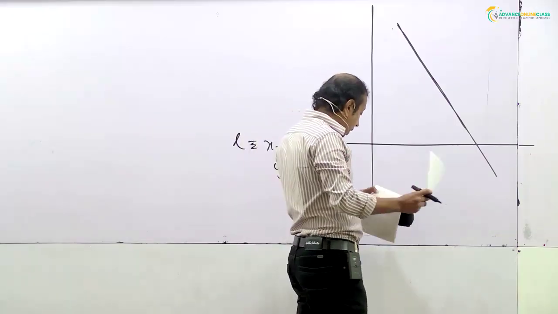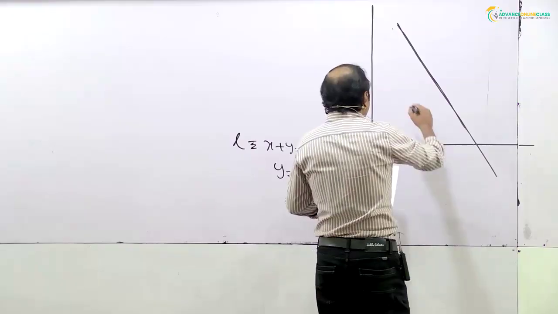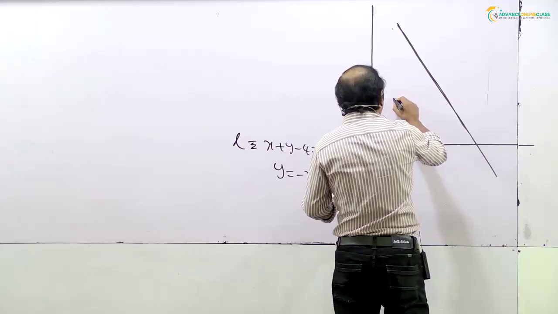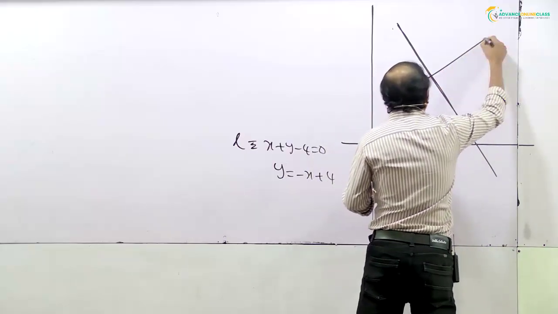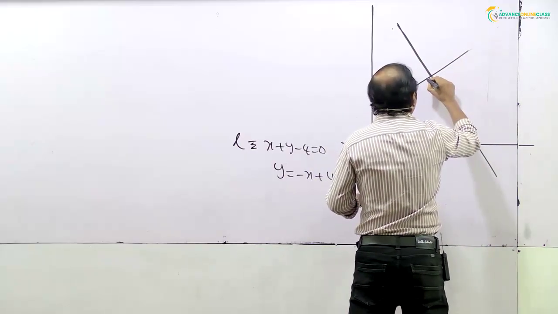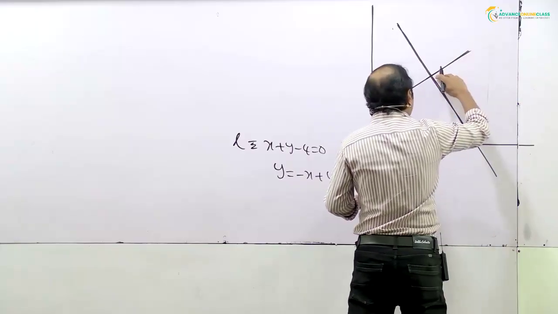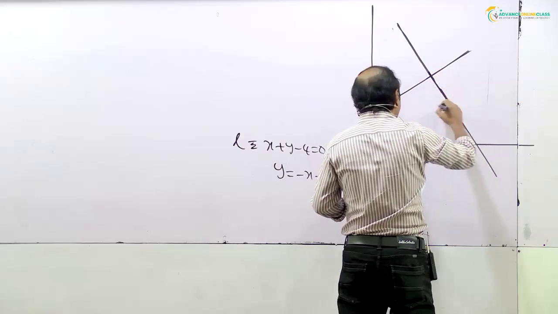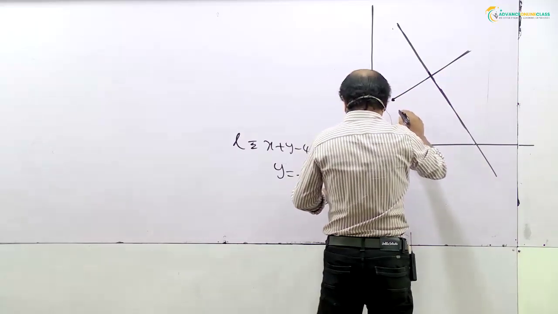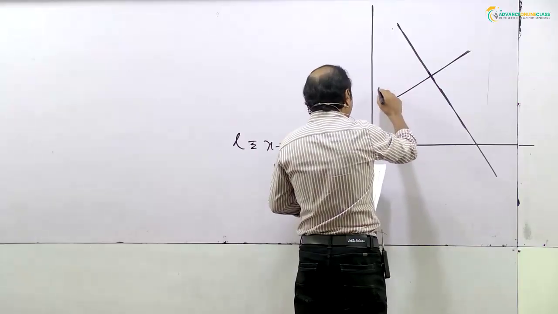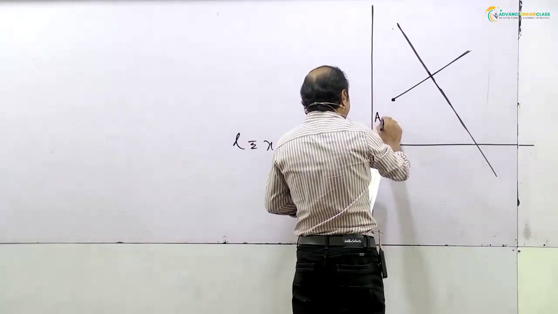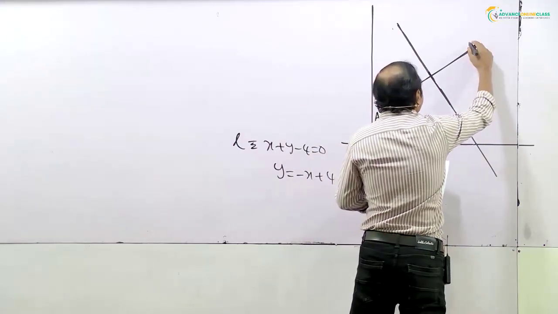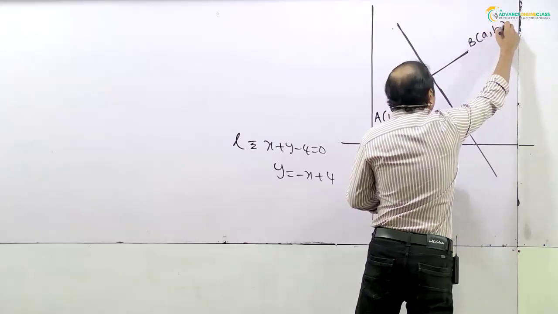Right. So then I mark A (1, 2) here, x is 1 and y is 2. Here is B, (a, b).